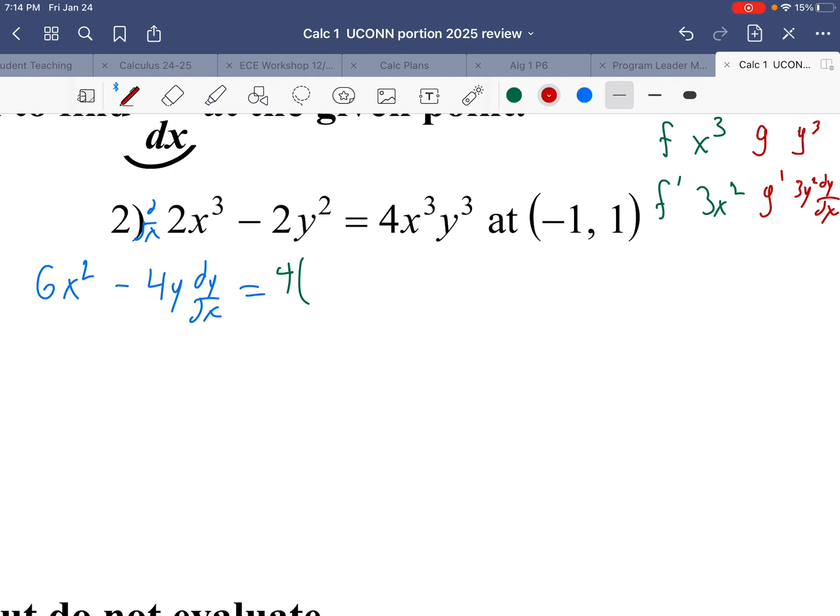So 3x squared times y cubed plus, this is going to be x cubed times 3y squared dy/dx.